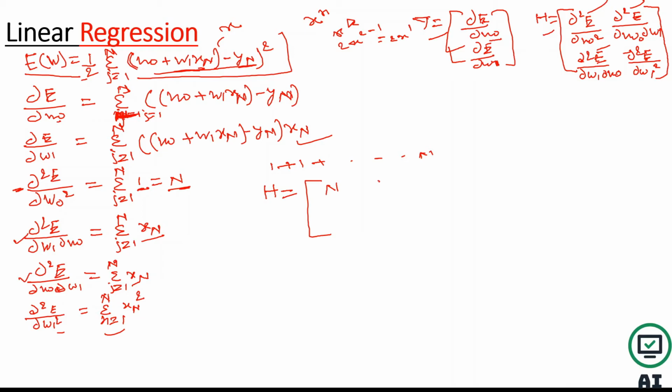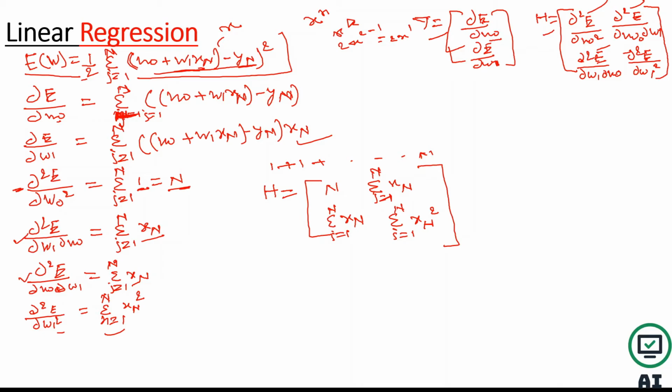Then here it is summation i equal to 1 to n of xn, then summation i equal to 1 to n of xn, and summation i equal to 1 to n of xn whole square. So this is our Hessian matrix.